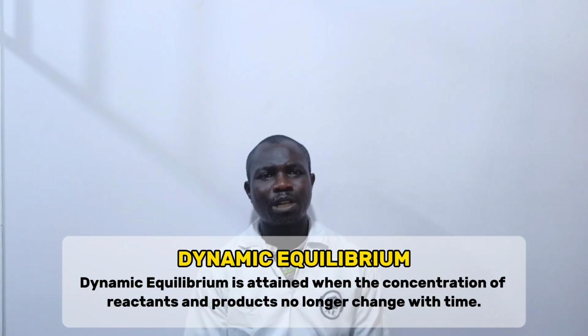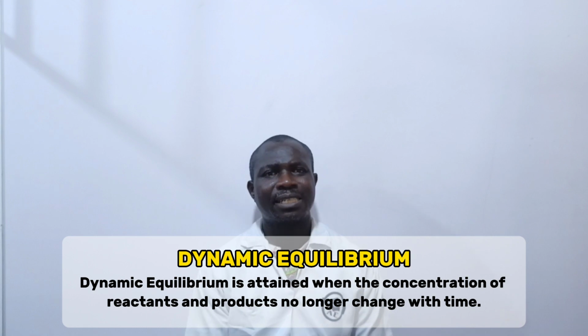During a chemical reaction, the reactant will be producing the product. A point will come when the concentration of the reactant and the product no longer changes with time. When the concentrations of reactants and products no longer change with time, we say that a dynamic equilibrium has been reached.